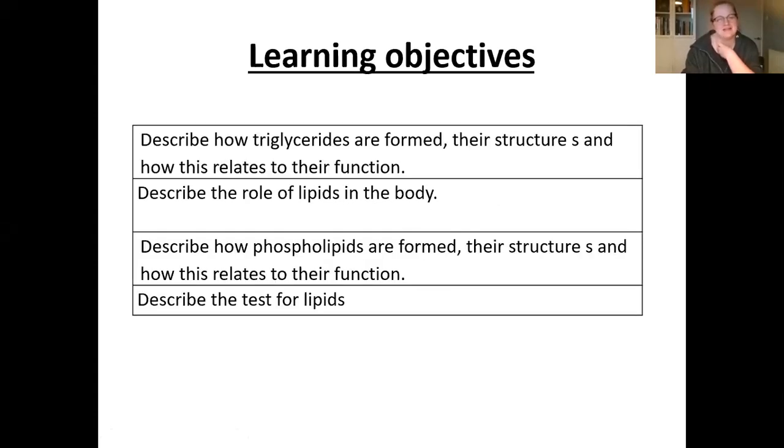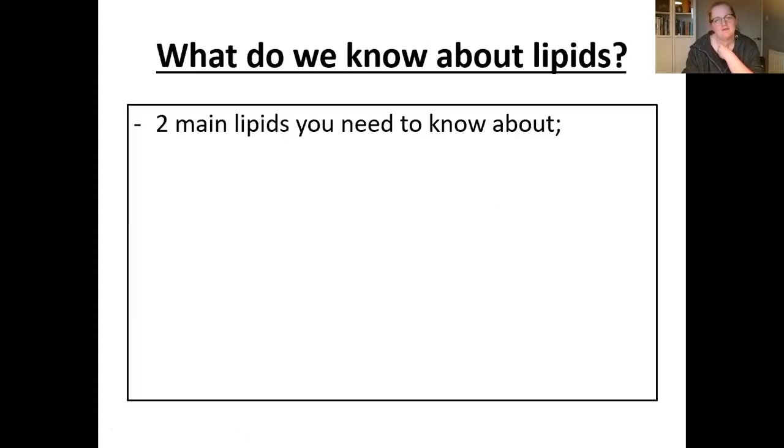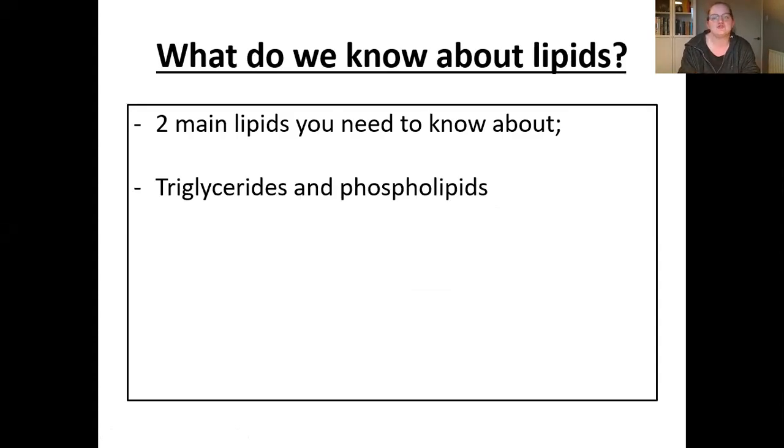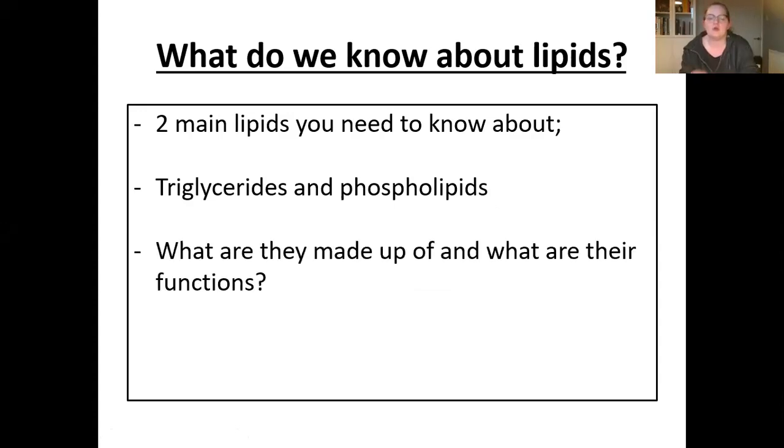So we're going to look at triglycerides, how to form them, and the roles of lipids in the body. We have two main lipids that you need to know about: triglycerides and phospholipids, and they're the only two you need to know about. So we're going to look at what they're made up of and what their different functions are.